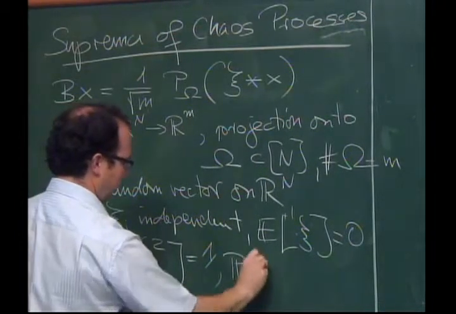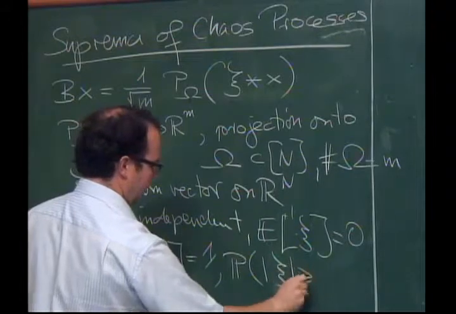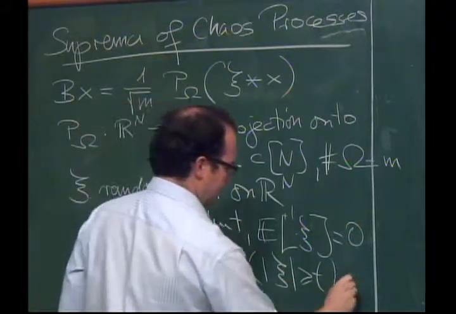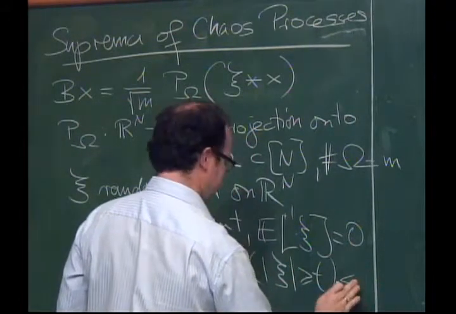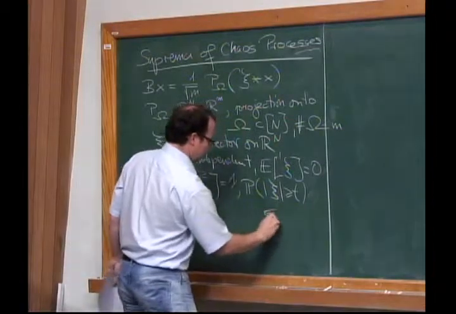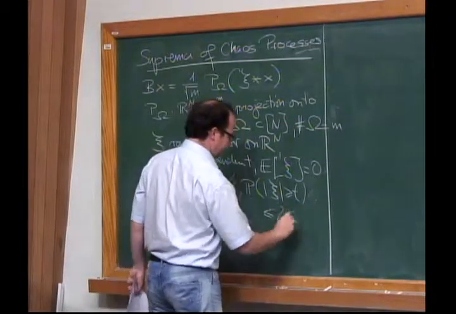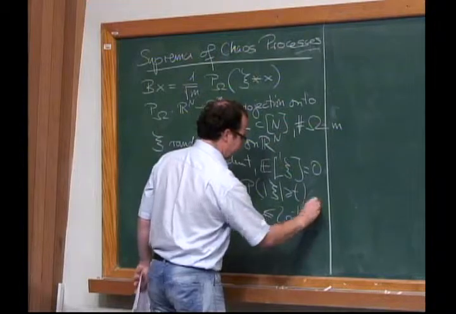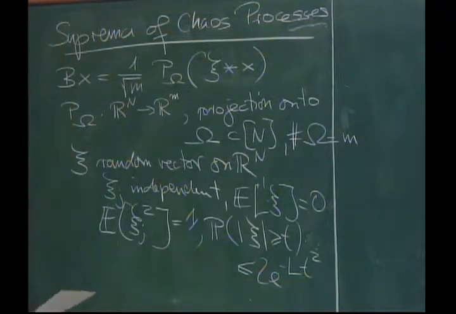So let's say the tail is bounded by e to the minus l t squared. OK, so that's the type of matrix we looked at.